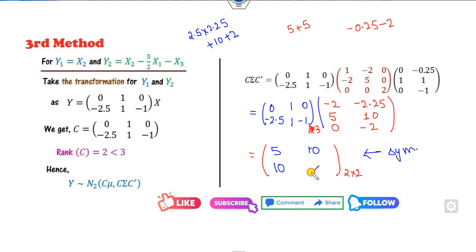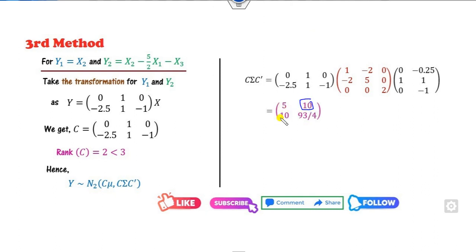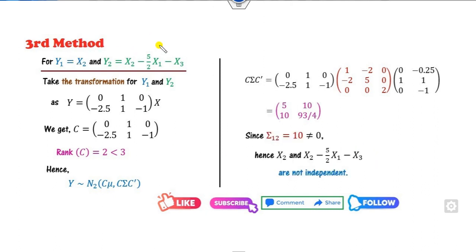So you can multiply them and you will get the result here. Now clearly, what is that? This is the covariance between y1 and y2. So the covariance between y1 and y2 is non-zero because of the 10. Therefore, y1 and y2 are not independent. So x2 and this linear combination are not independent.